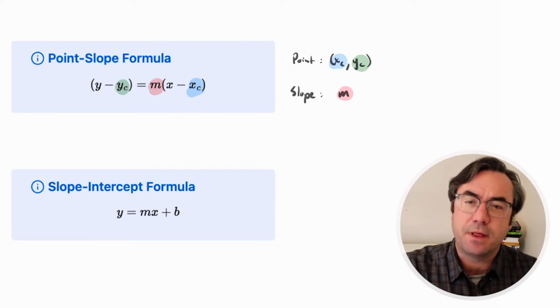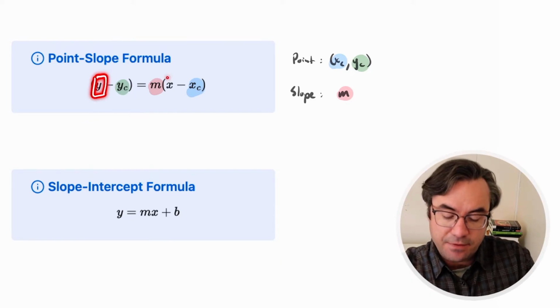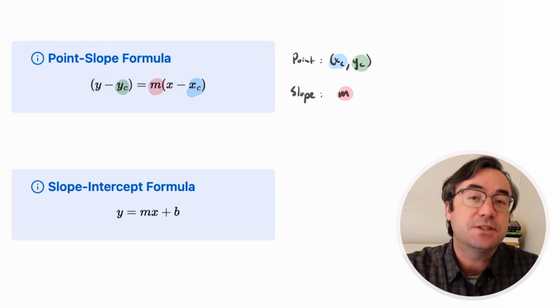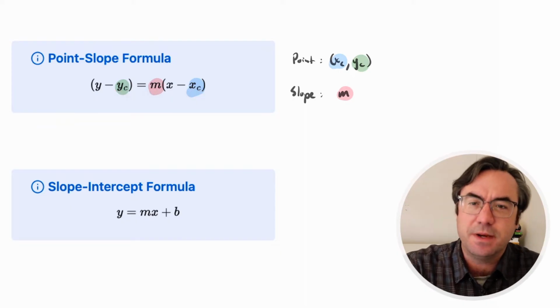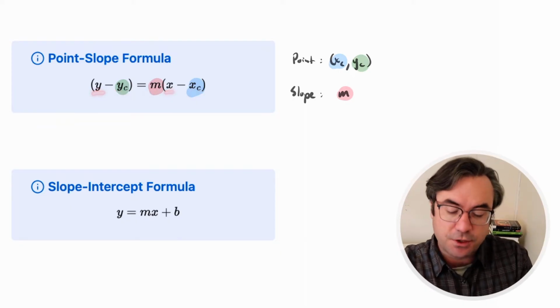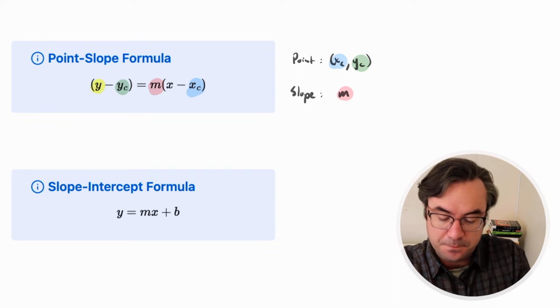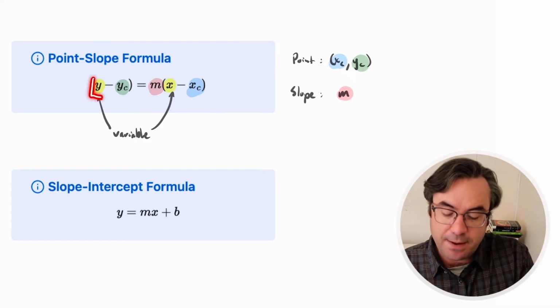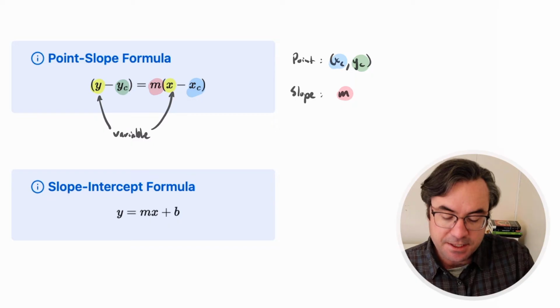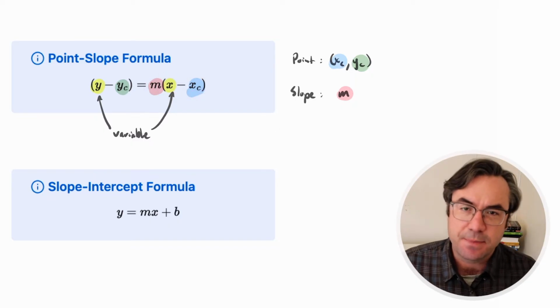When we use this formula, the y here and the x here stay as variables. The y-coordinate, the slope, and the x-coordinate are all going to be numbers, and the x and the y are going to be variables. It's important to remember that. So the point-slope formula is y minus the y-coordinate equals the slope m times x minus the x-coordinate.